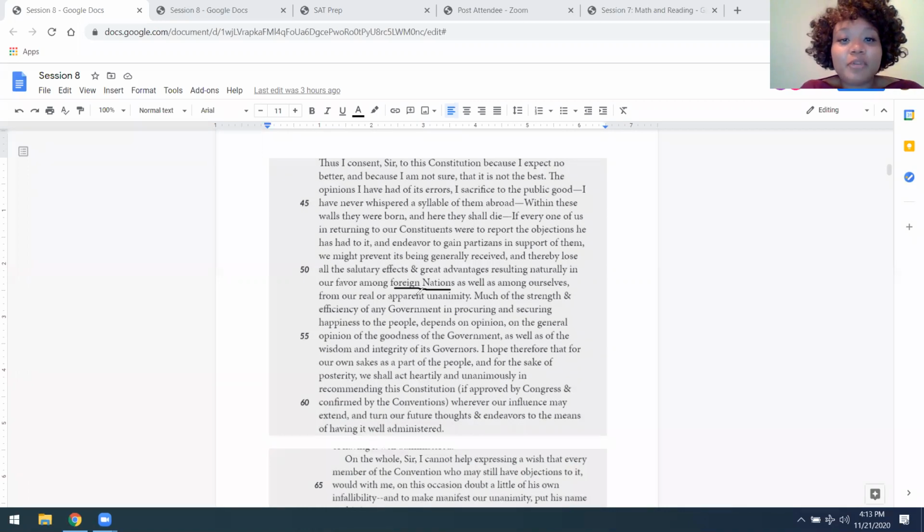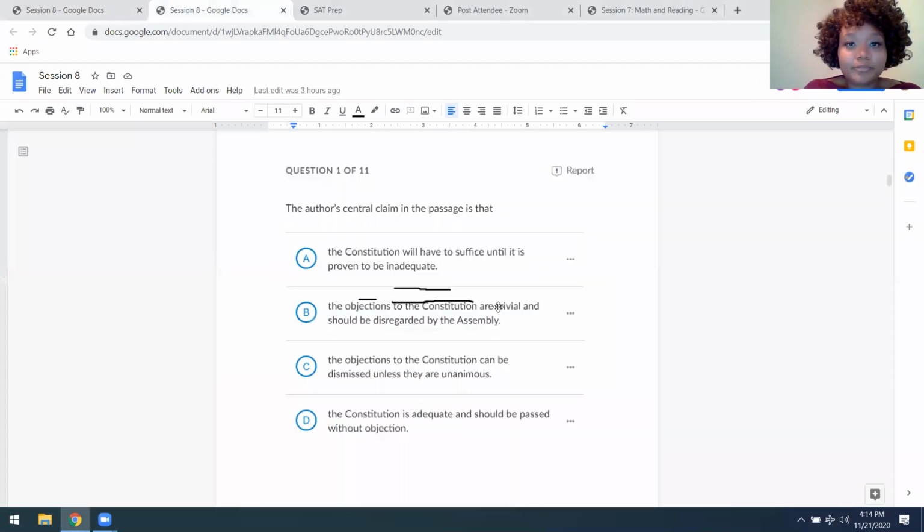So foreign nations, that would be England, France, other nations that are not the United States that they were in conversation with. There's some favor that comes from that. And it comes from real or apparent unanimity. This kind of passage is confusing. The phrasing is off.